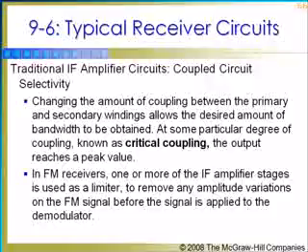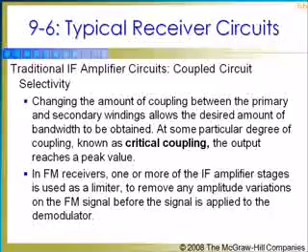We also have the traditional IF amplifier circuits, or the coupled circuit selectivity. This is changing the amount of coupling between the primary and secondary windings, allowing the desired amount of bandwidth to be obtained. At some particular degree of coupling known as the critical coupling, the output reaches a peak value.